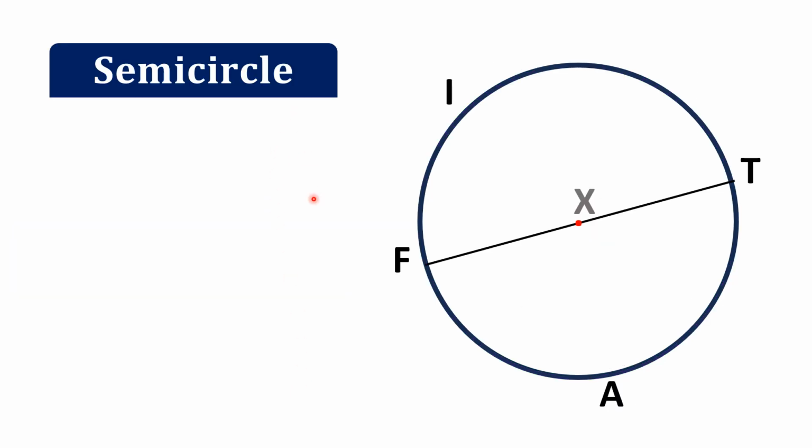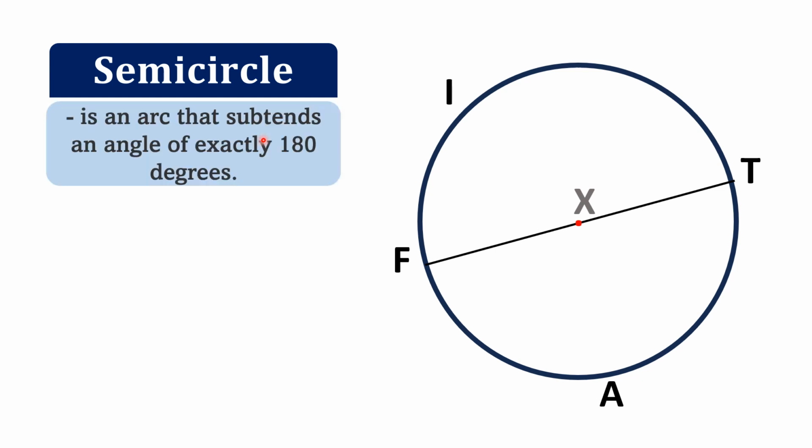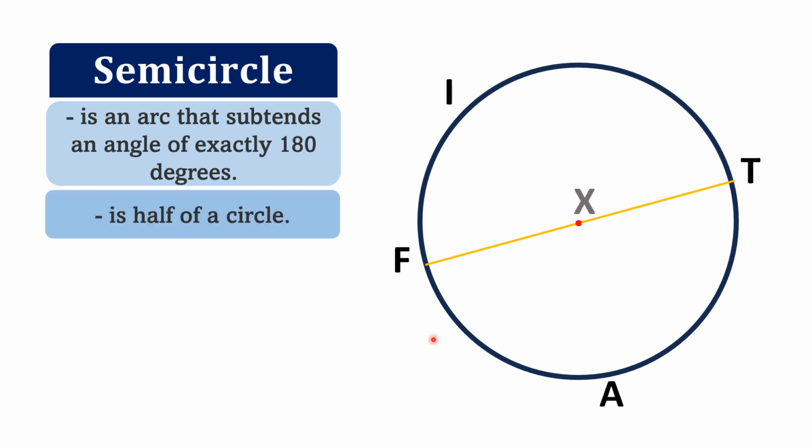Next type of an arc is the semicircle. It is an arc that subtends an angle of exactly 180 degrees. As mentioned, one rotation or the measure of a whole circle is 360 degrees.